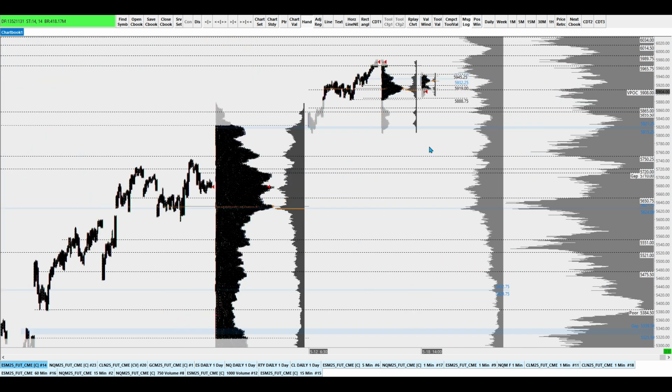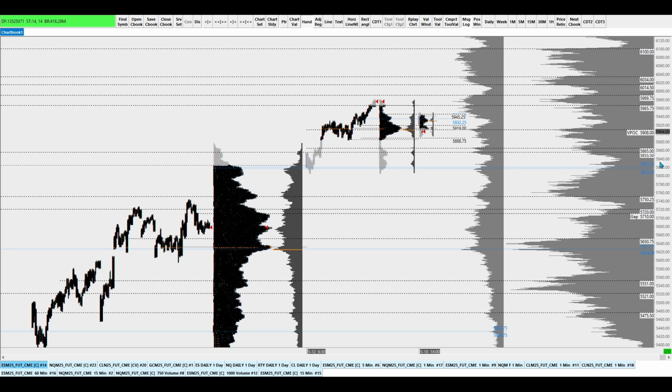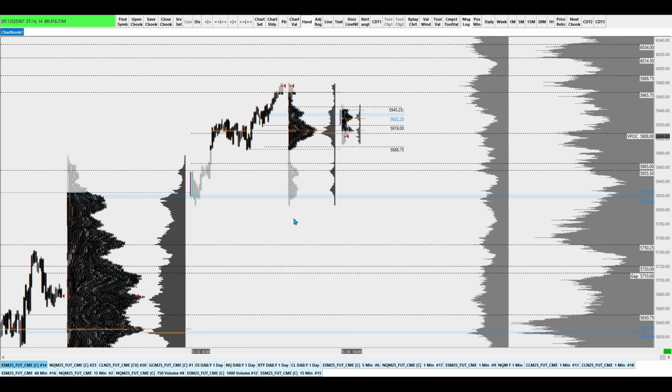Once that session closes, I say, okay, we did this off of this big important level. Now let's look at yesterday's session. What can I work with that we saw from yesterday's session to try to catch this bigger picture idea? That's basically the framework for how I do things.